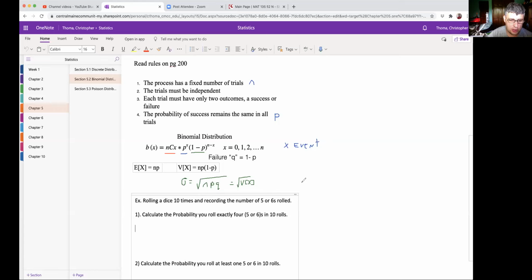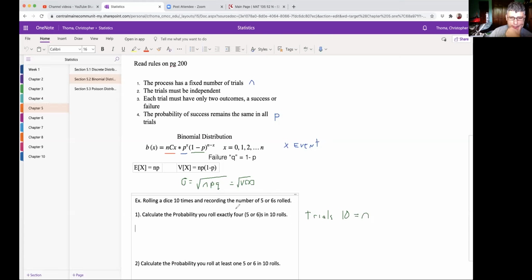So is this binomial? Well, we're rolling a dice 10 times, so my trials is 10, and that is our n.